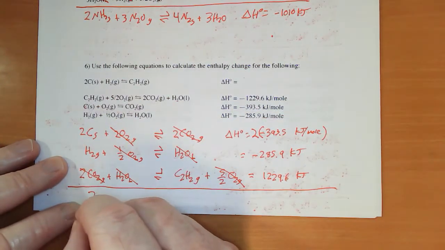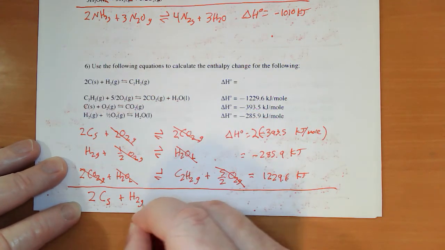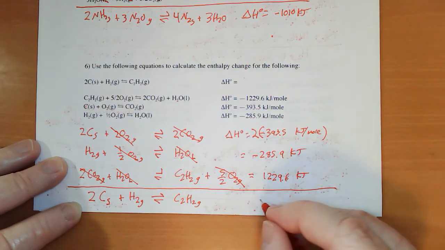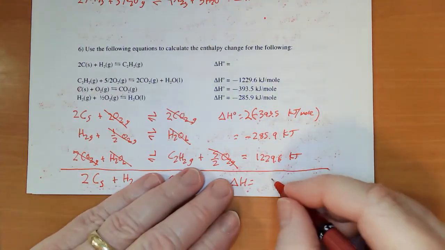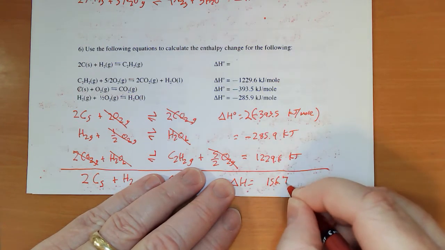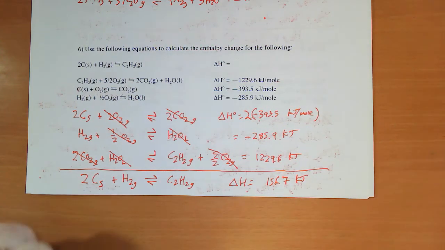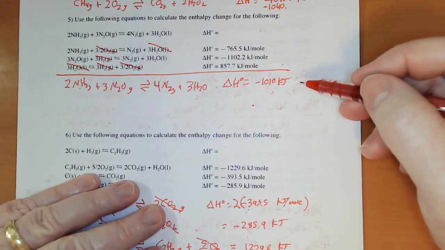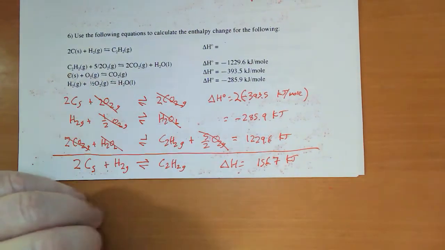That has left me with 2 carbon solid plus an H2 gas to give me a C2H2 gas, and all added up, I have positive 156.7 kilojoules. Okay? All right, so again, a negative 1040, a negative 1010, and a positive 156.7 kilojoules.